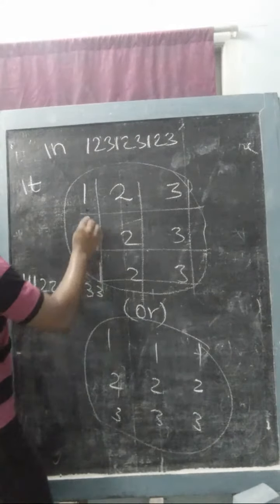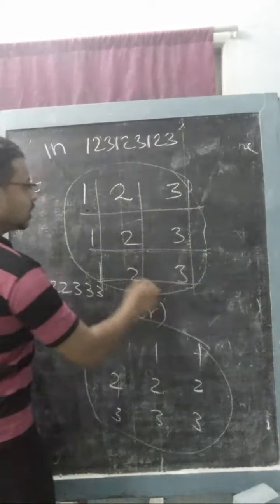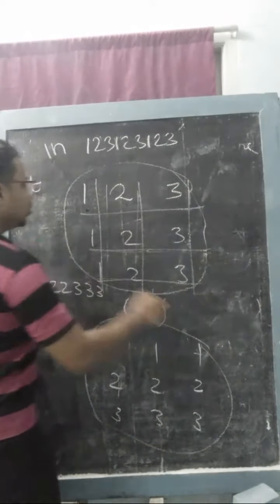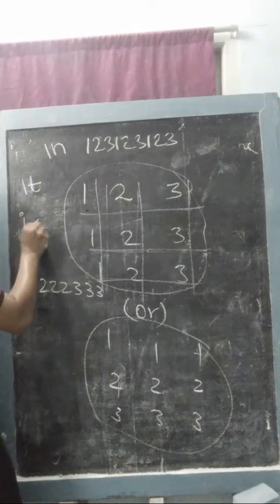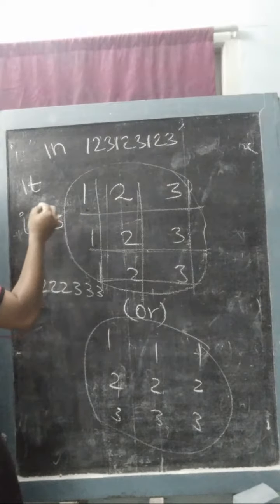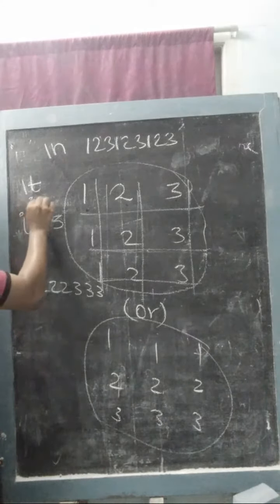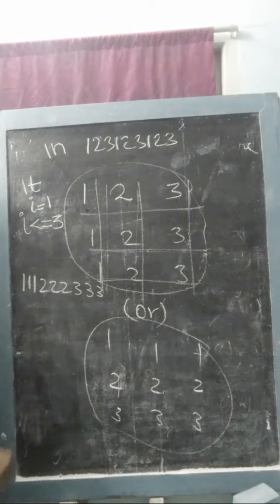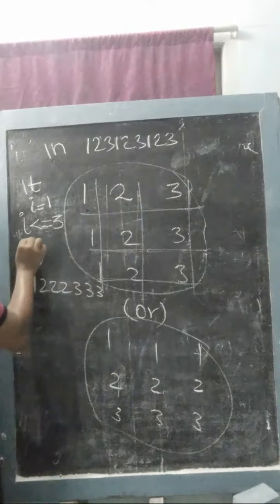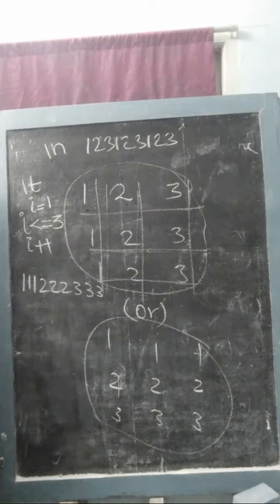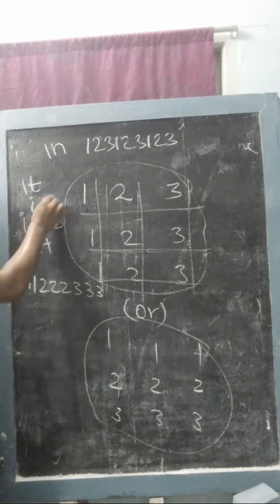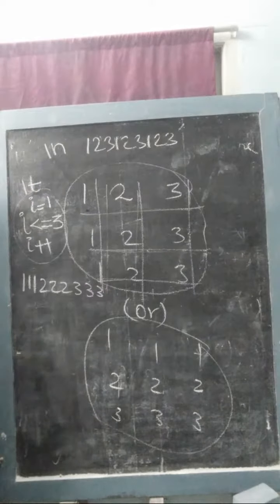Row 3 iterations and column 3 iterations, so that I value is less than or equal to 3. It should start from I is equal to 1, and it should be incremented by 1, I plus plus. So these are the conditions of the for loop we are going to give.